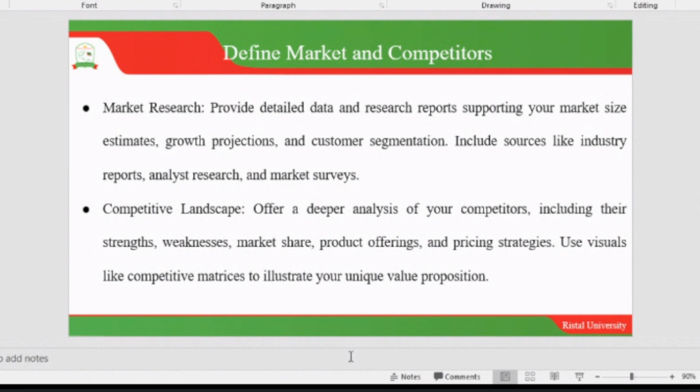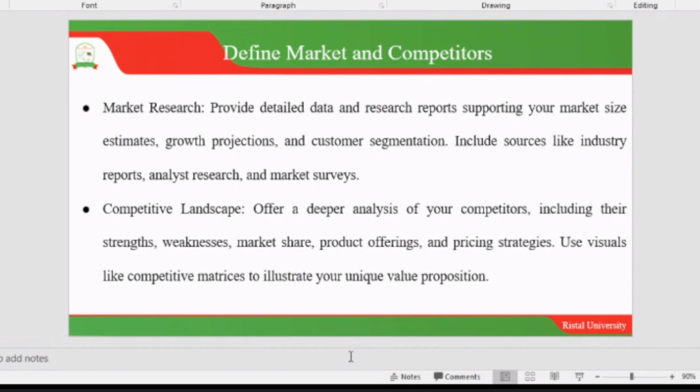Okay, so you show those growth projections, the customer segmentation, and include the sources of where you are getting the data. Okay, and these should be very credible, like industry reports, analyst research, and market surveys.